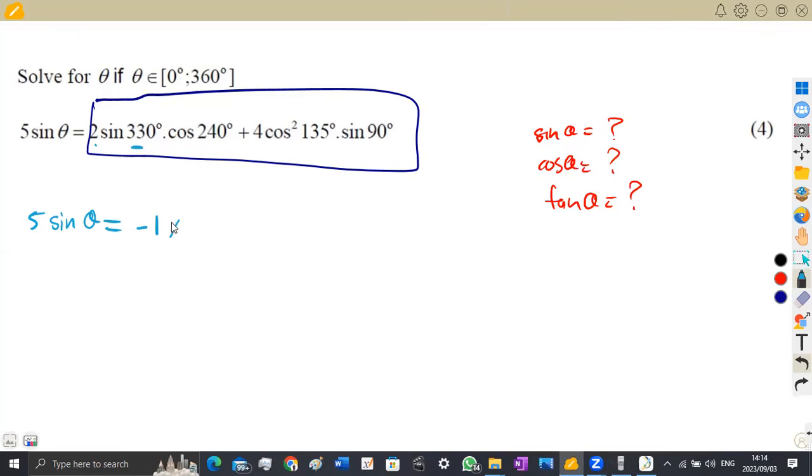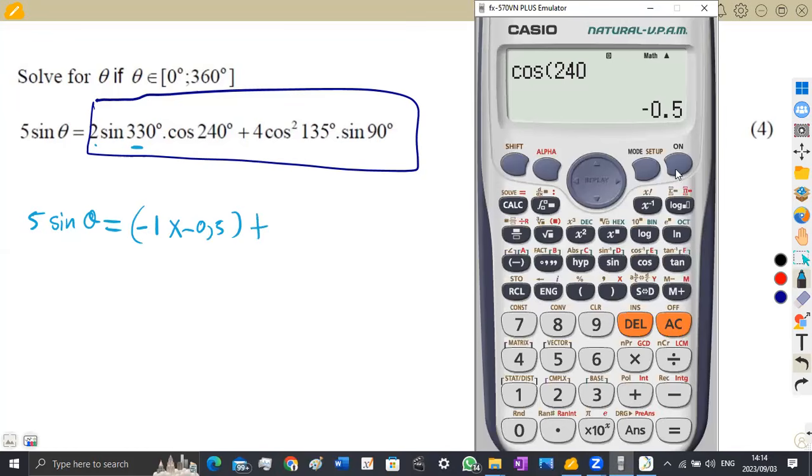So we are going to multiply by -0.5 here, plus 4 cos squared 135. On your calculator, this is how you write a cos squared. You're going to have 4 cos like this. You open a bracket, so it's going to be cos 135 degrees like this. You close the bracket for cos 135, but you have to close this one that you opened first.